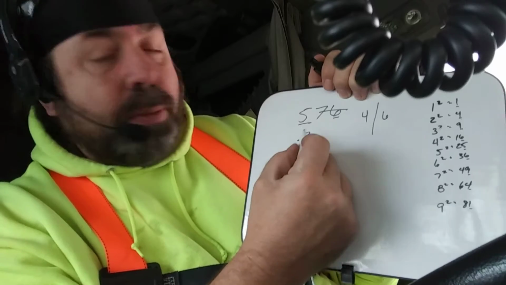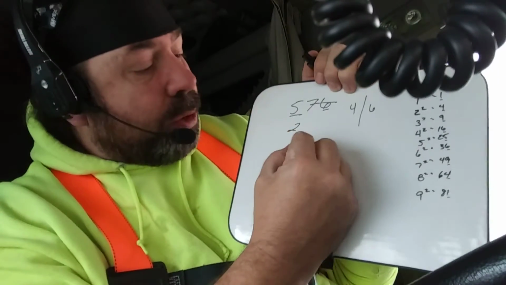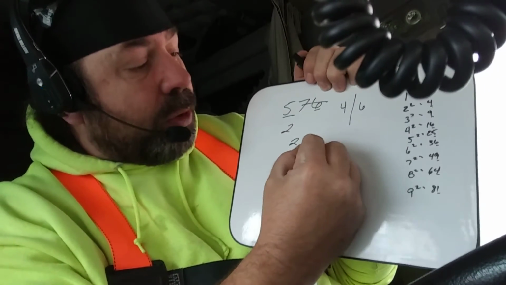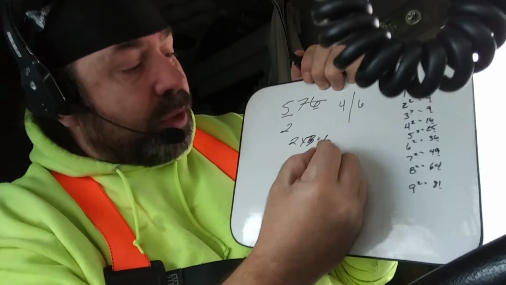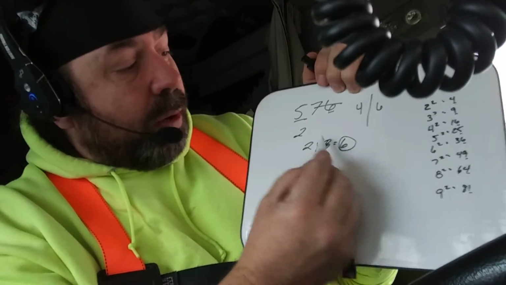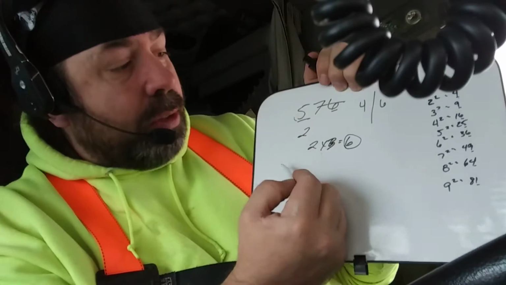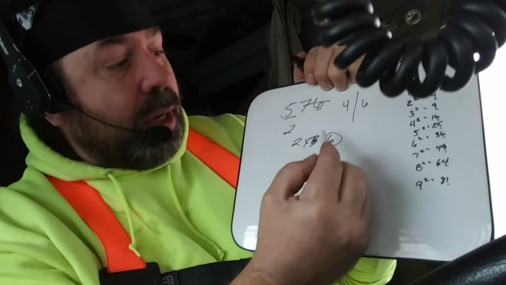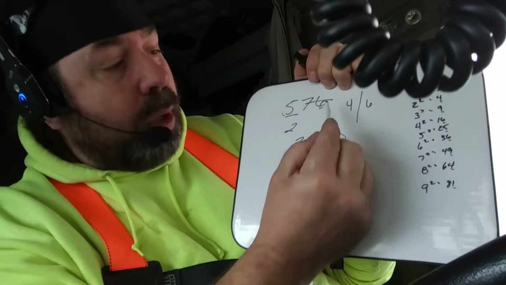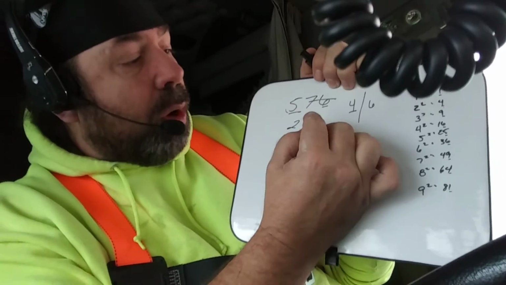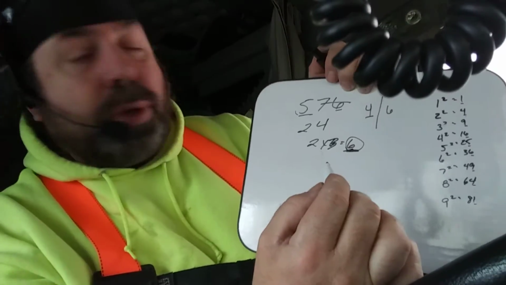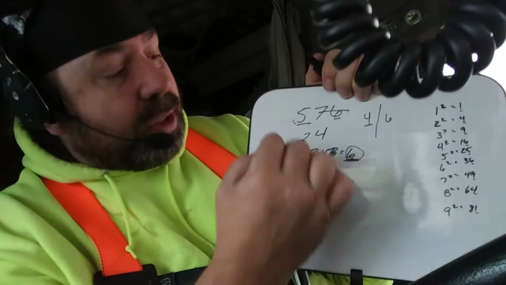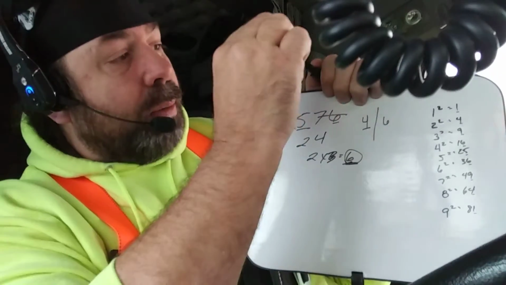Now if we take this and multiply it by the next number sequentially, so we got 2 times 3, which is 6, so this number here is greater than this. That tells us which number here works, right? So if this number is bigger, we go with the smaller number. So our answer for the square root of 576 is 24, okay?